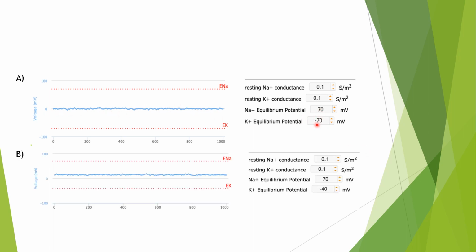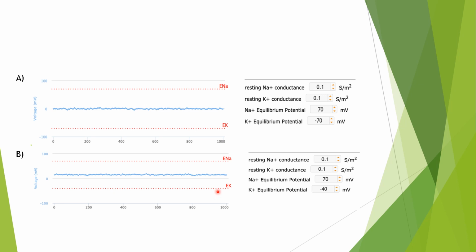Let's mess around with these numbers here. So if we change the equilibrium potential of potassium, in this case, to something smaller than it was before, let's change it to -40, we notice that the resting membrane potential moves closer to the equilibrium potential of sodium. It just moved away from that steady point that we had in our control.